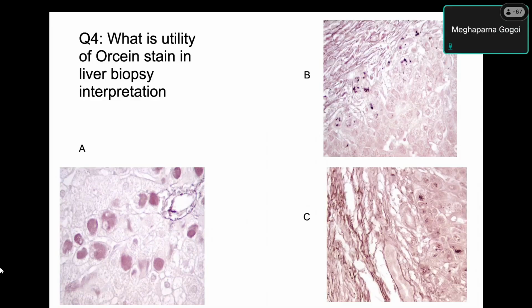Ma'am, copper also gets stained in Orcein. So which one, B or C? And then C is, suppose you say B, then C is for what? Yoshita?